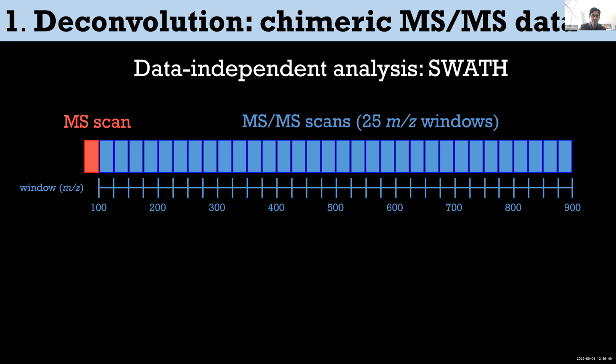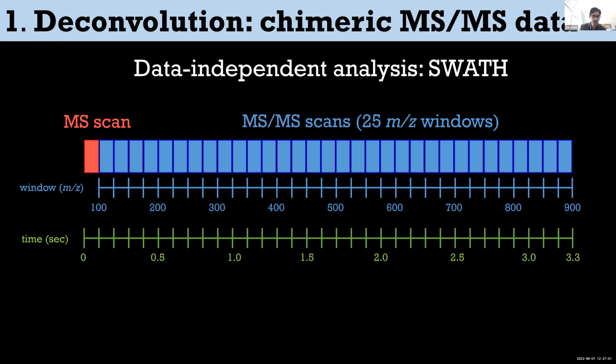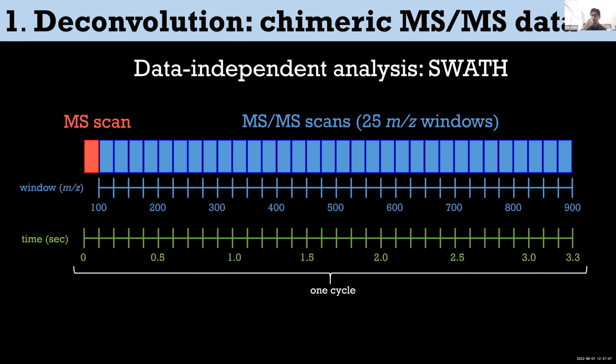You can see that we use several of them in sequence to cover most of the small molecule range. So we cover from 100 to about 900 using all of these different isolation windows. And when we do that, we have to do it relatively fast. This is the time scale over which that occurs, and that represents one cycle. And the goal is to be able to complete these cycles.